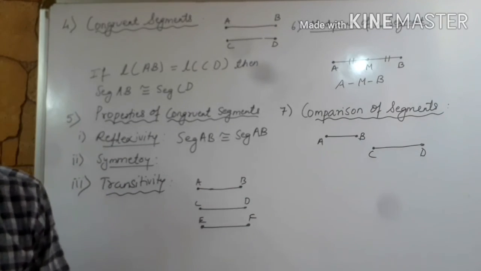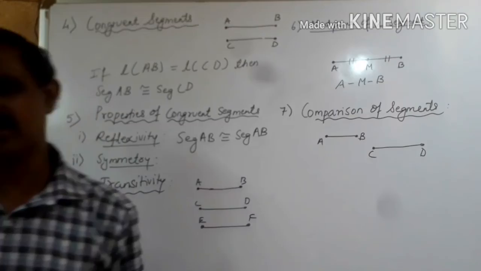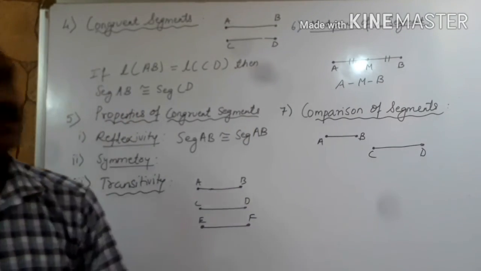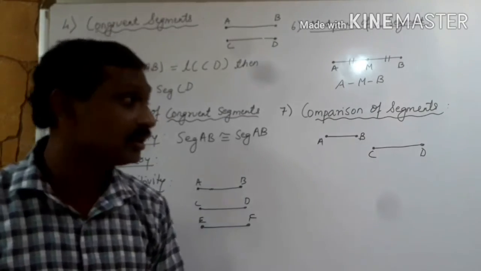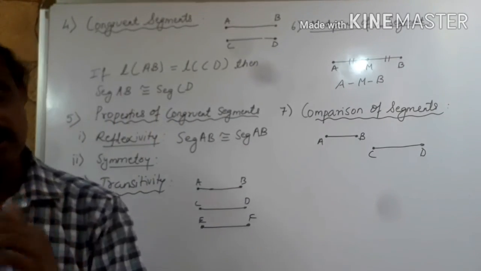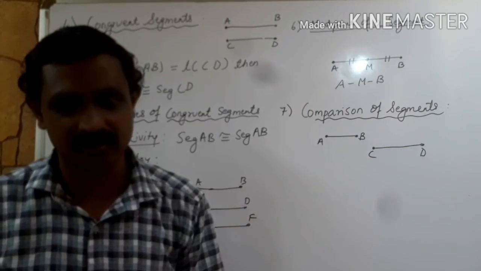Now we have to compare. Look carefully at the length of AB and the length of CD. What do you notice? The length of AB is smaller than the length of CD. Directly we can view and see this.